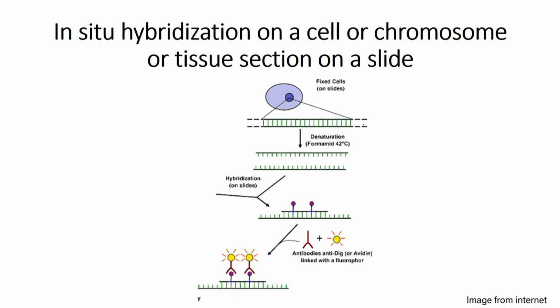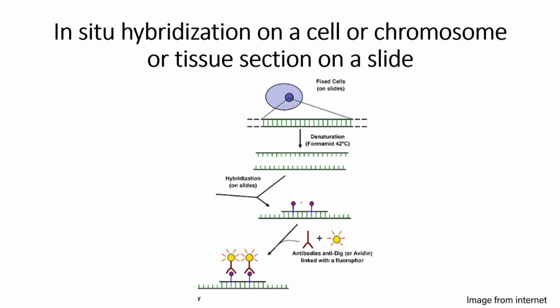So, if we are taking a cell, we have denatured its DNA with formamide or with temperature. So, the DNA inside the nucleus is now in a single stranded condition.